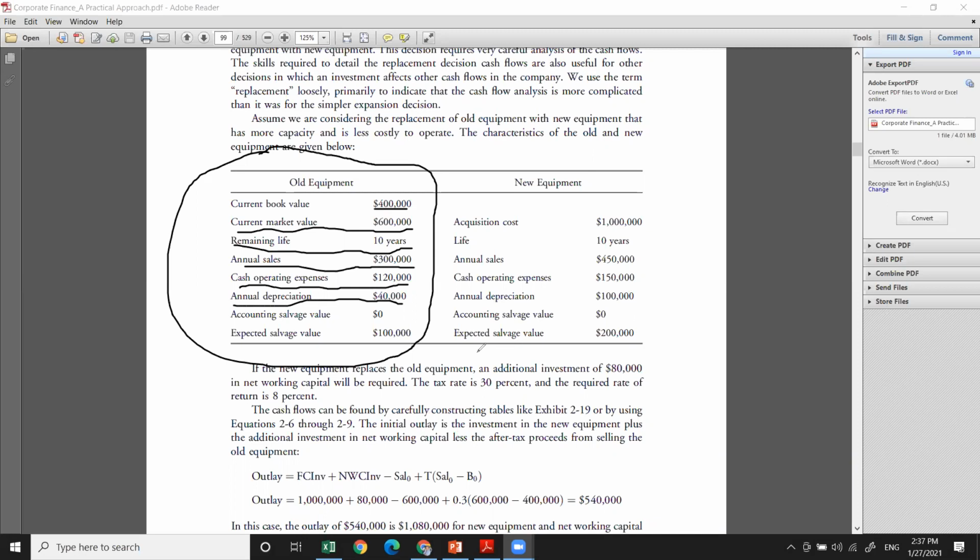If you remember how we calculated the investment cost, we calculated fixed capital investment plus net working capital, and adjusted for anything sold. In the previous example from the slides, our market value was less than book value, but here it is vice versa. So the acquisition cost, net working capital, and 600,000 is what we are selling the old equipment for.